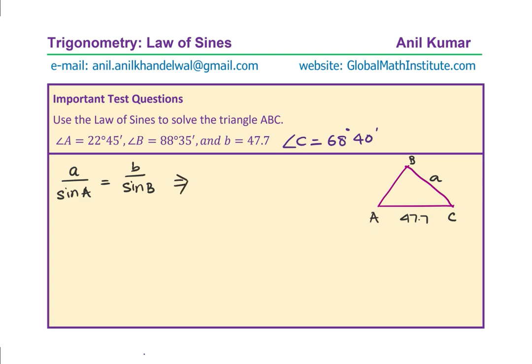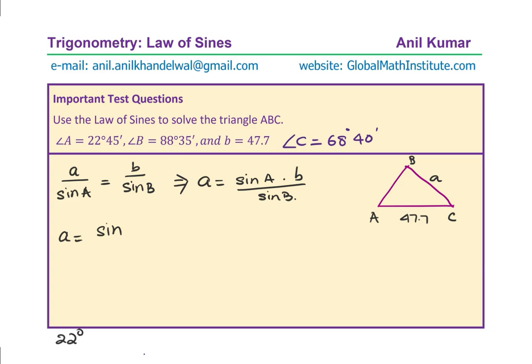So this implies that a is equal to sine A times b over sine B. Now, while we are using the calculator, it is important to write the decimal equivalent of degrees. So let's do this calculation.